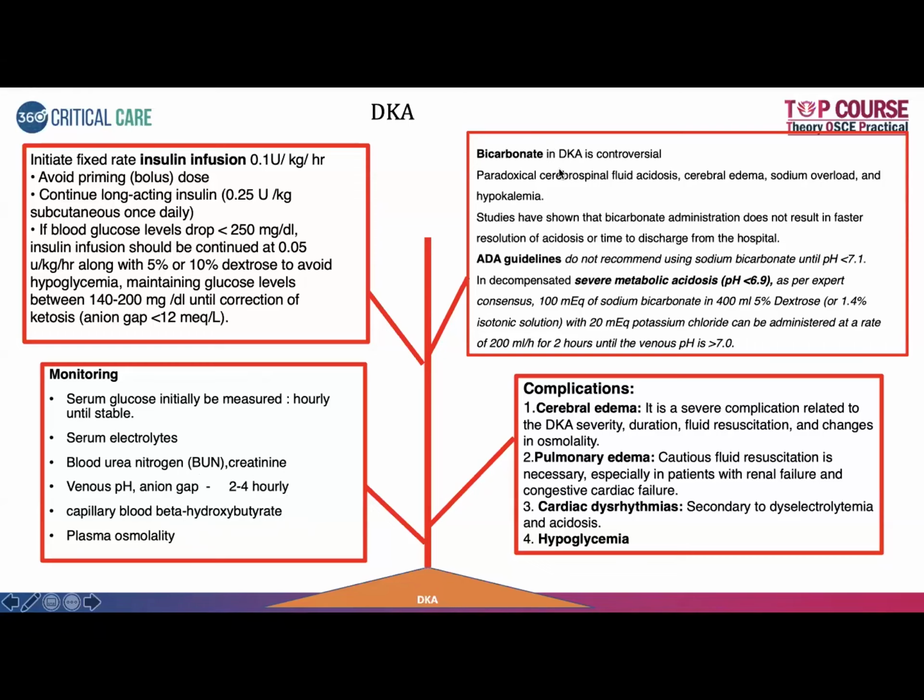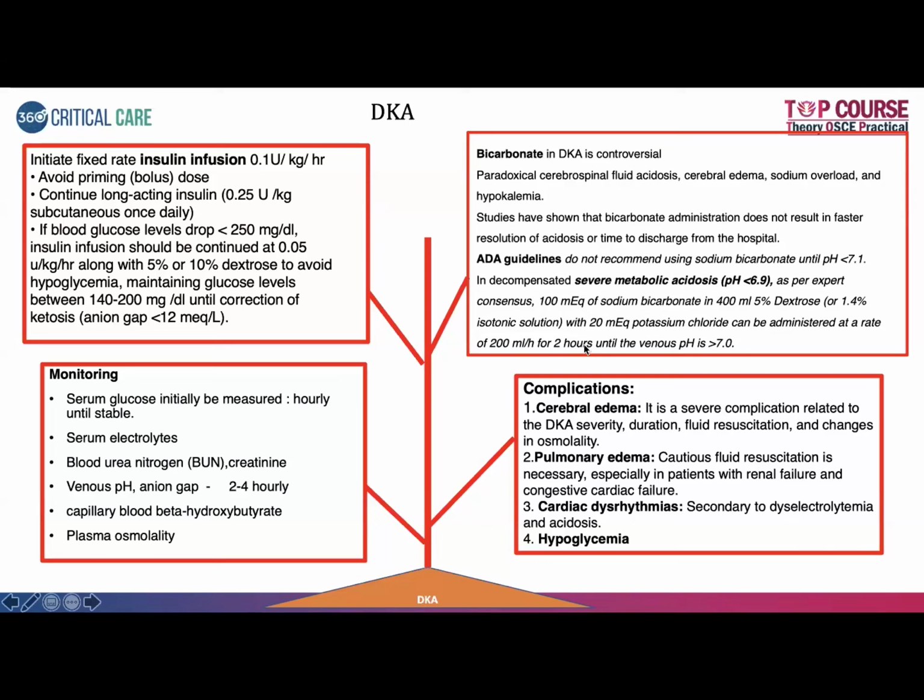So bicarbonate, is there any use of bicarbonate? Bicarbonate is controversial. Only if the pH is less than 6.9 can you give bicarbonate. How much needs to be given? This is an isotonic bicarb infusion: 5% dextrose 400 ml with 100 ml of soda bicarb can be added, and given at a rate of 200 ml for the first 2 hours.